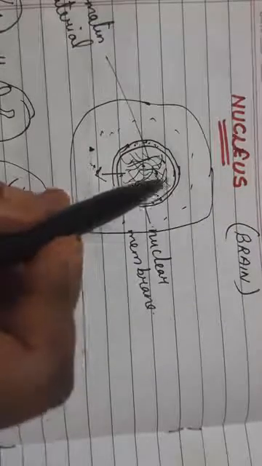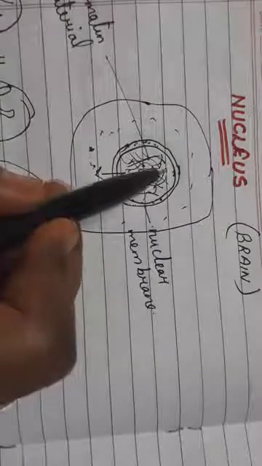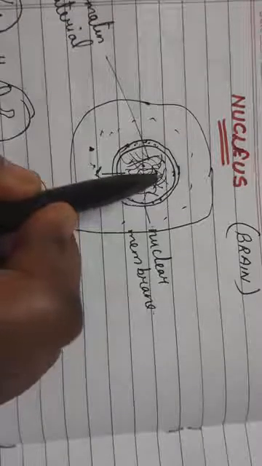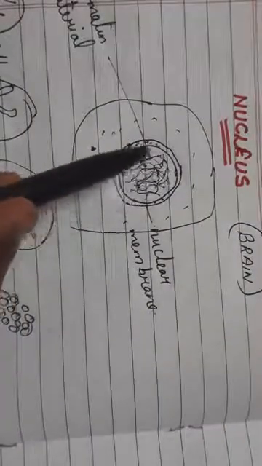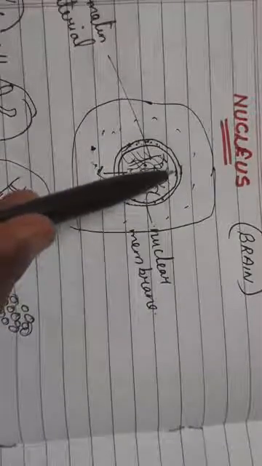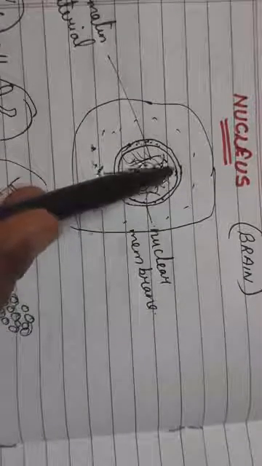Inside the nucleus, this is the nucleus of a eukaryotic cell. In the eukaryotic cell, the nucleus is enclosed in a membrane-bound structure, and this structure is called the nuclear membrane.